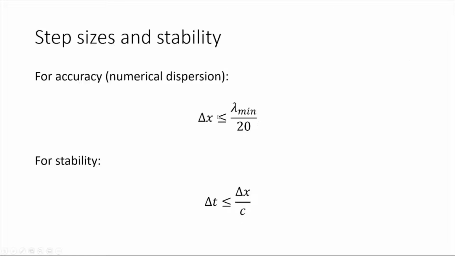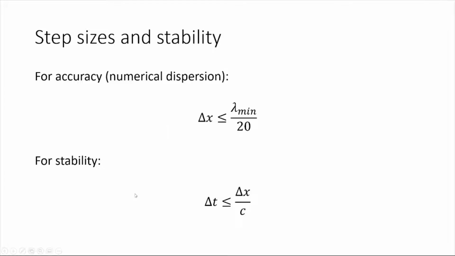To reduce that, you need to pick your step size accordingly. So lambda by 20 is the rule of thumb used in FDTD. And because FDTD is broadband, you can have a lot of wavelengths all at the same time in your simulation, so you need to pick the minimum wavelength that you're interested in and define delta x to be less than or equal to that divided by 20.